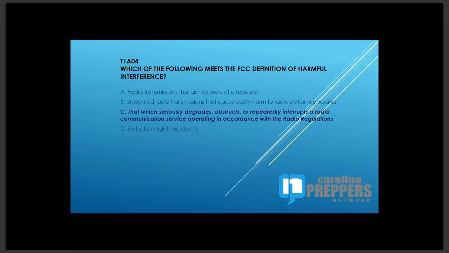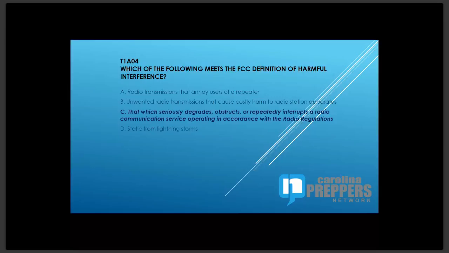It does hold up the repeater from working, but it doesn't necessarily affect everybody in an area from using the radio. They simply tune to another repeater, or they go simplex. What they're asking here is harmful interference in such a way that your radio is rendered useless or very difficult to use because of the interference, no matter what you do with it.